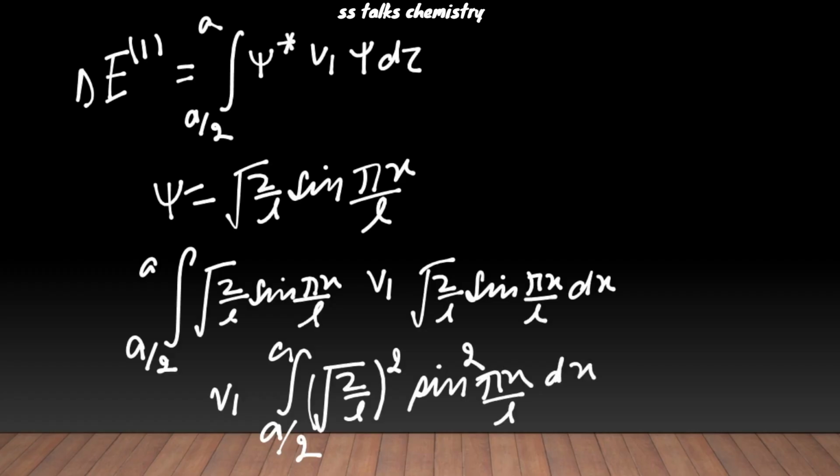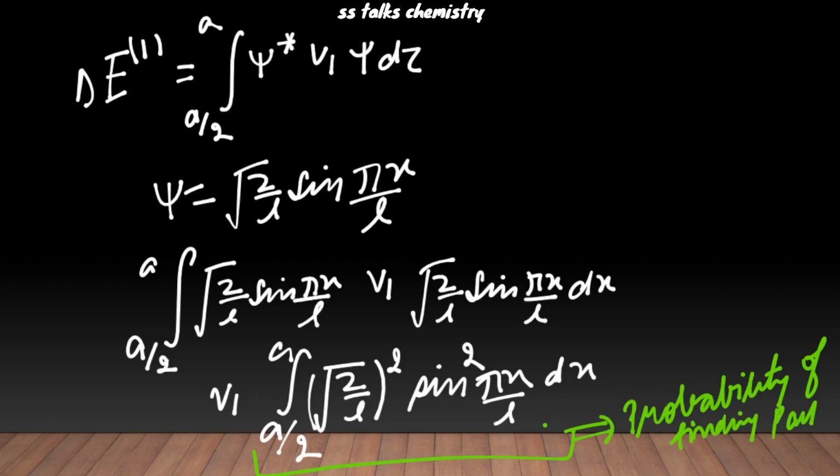So this is nothing but the probability of finding the particle in the region from A by 2 to A only. We generally remember this value only: it comes to half.